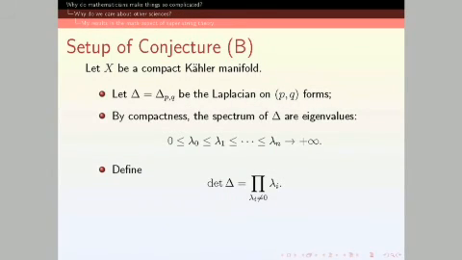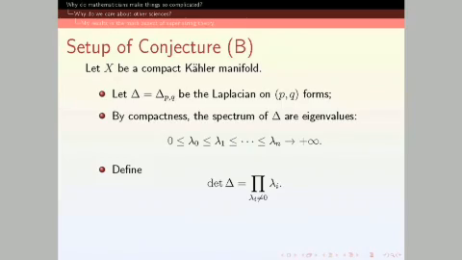What we are going to cook up is something called the determinant of the Laplacian, which is formally or naively defined as the product of all eigenvalues, all frequencies. This naive definition is obviously not good because, as we said, those λ become bigger and bigger.